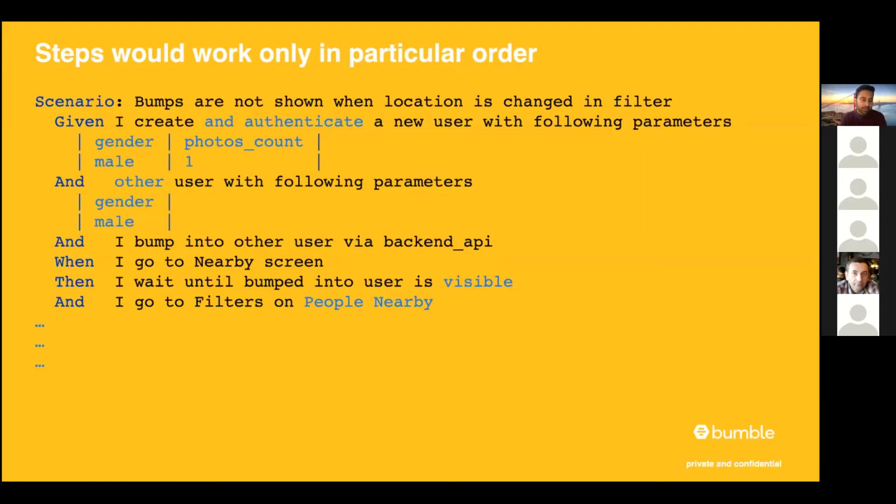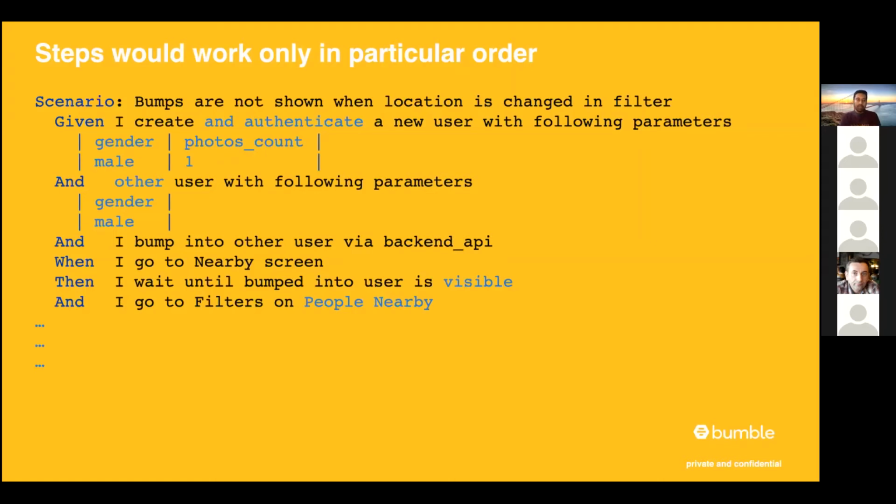In this scenario, I'm creating a new user, I'm creating another user, but I've not mentioned any name, because previously our focus was not on what to do, but rather how to do. So it was working well for us.